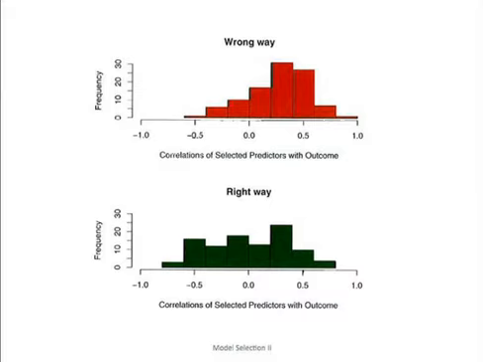You're not invoking any bias with respect to the response variable Y. But of course, if you're invoking some selection pressure beforehand, your histogram is going to look like this with some kind of a shift here. Because you're pre-selecting variables that have good correlation with the response. That's not exactly what we want to do.